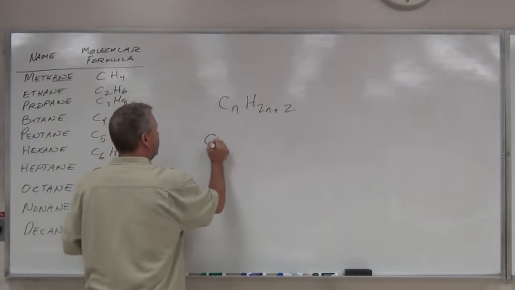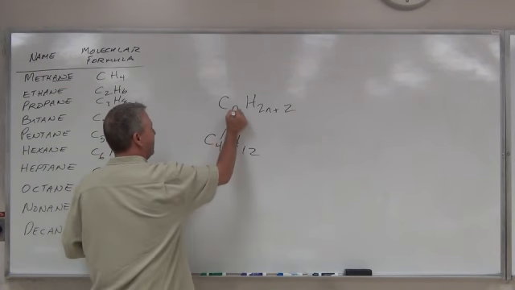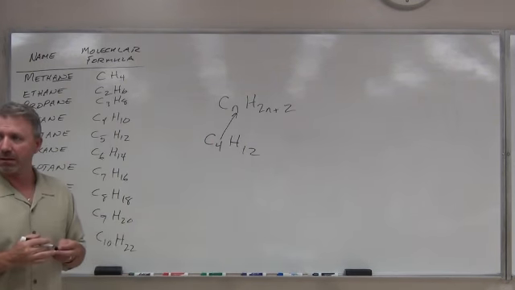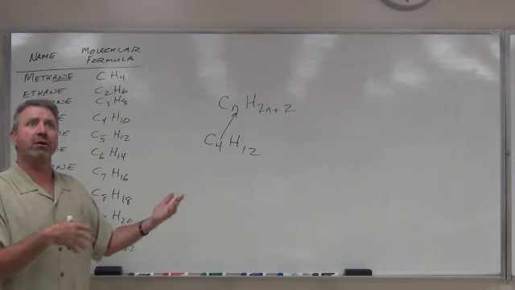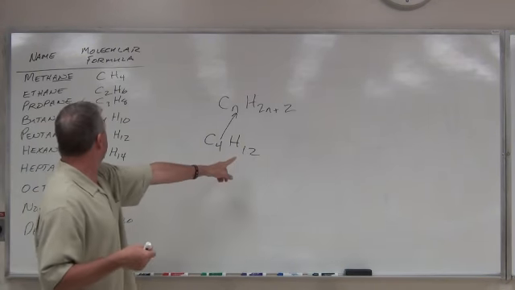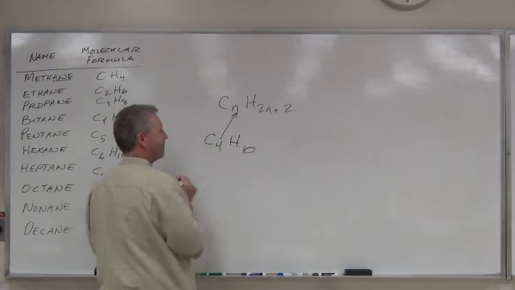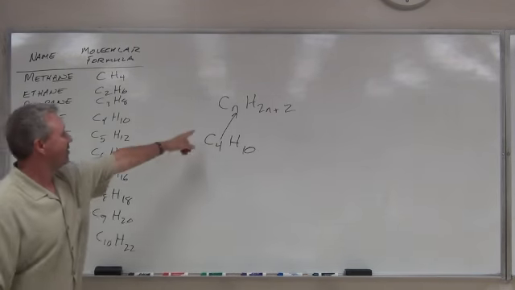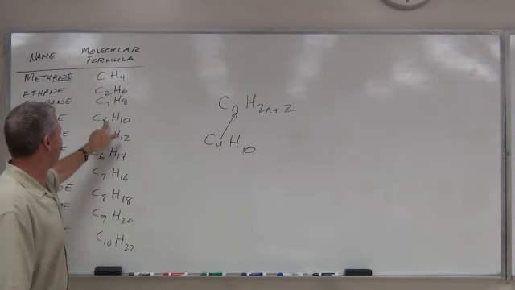Example, C4H12. If n is 4, then the number of hydrogens must be 2 times 4, 8 plus 2, 10. Did I do that wrong? See, I copied it. 10. Right? 2 times 4 is 8 plus 2 is 10. So this is our formula.